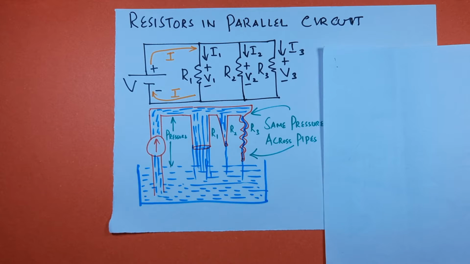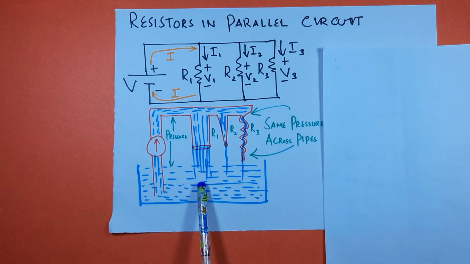Consider a tank. Here we have a tank filled with water, and this is a pump, right? This pump sucks the water. Here we have three different pipes, of different size and shape.